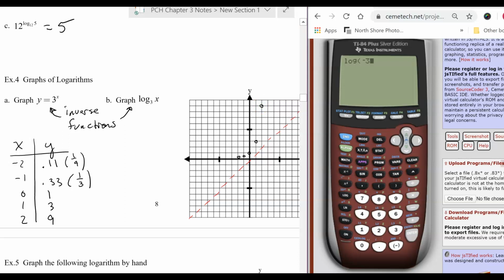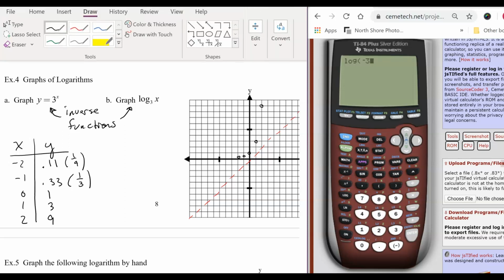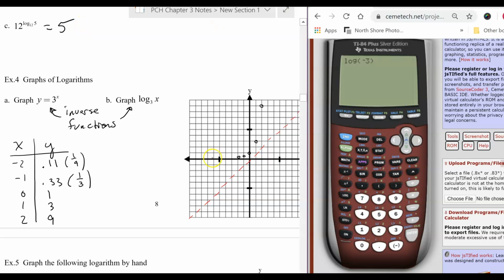So let's go ahead and connect these. So it's going to look something like this. Okay, we'll make that as smooth as we can going through those points.